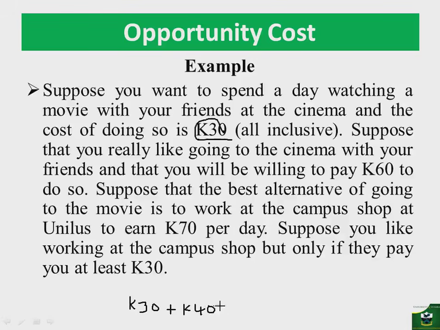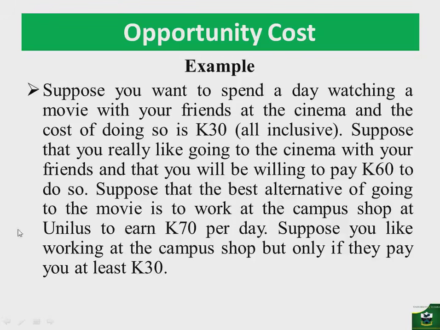So you have 40, and this will give you 70. Therefore, the cost of going for the movie is the explicit cost of 30 plus the implicit cost of 40, which is equal to 70.